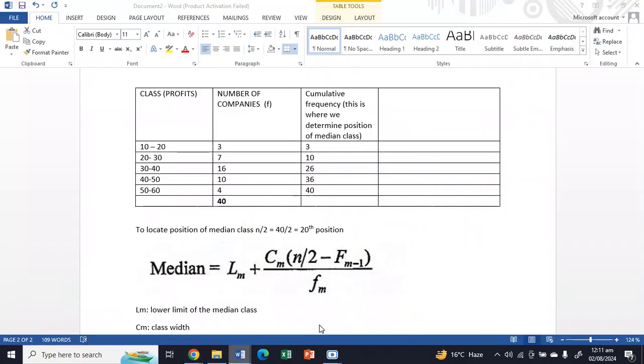That's how we locate it with the cumulative frequency column. So this class here, 30 to 40, is our median class.